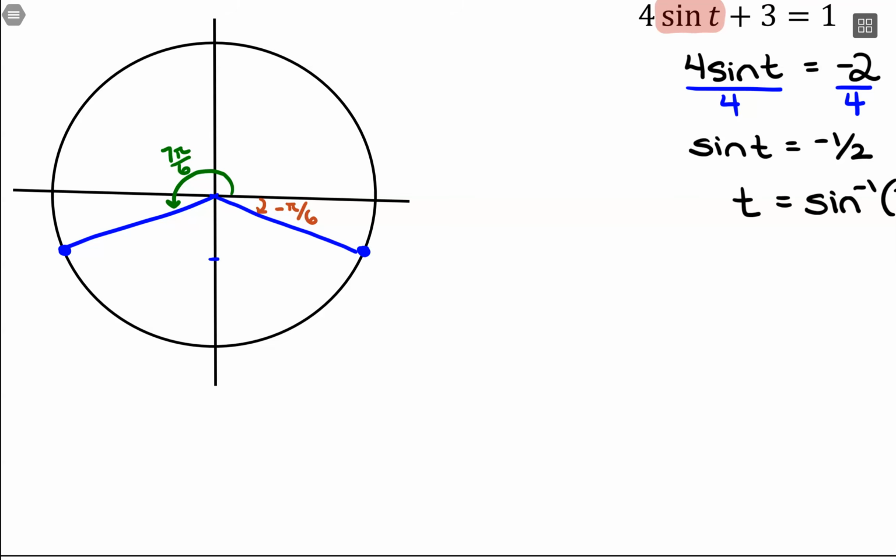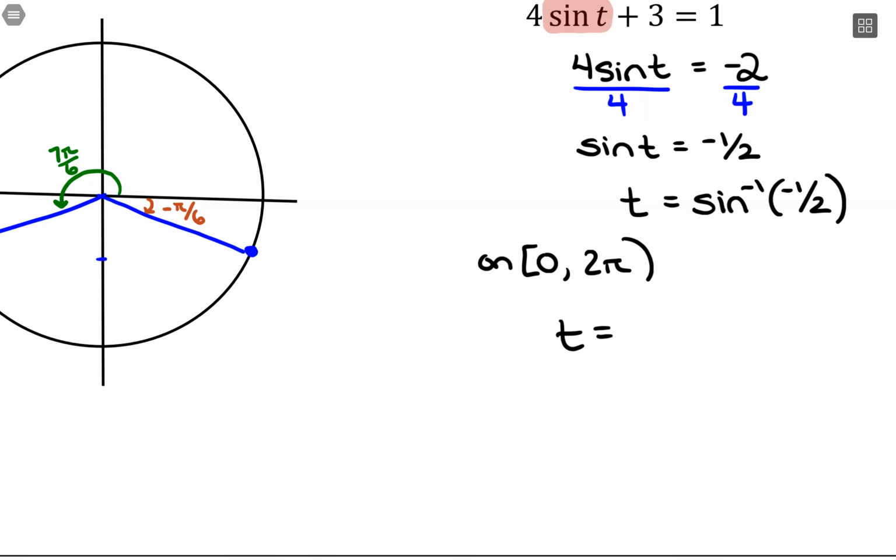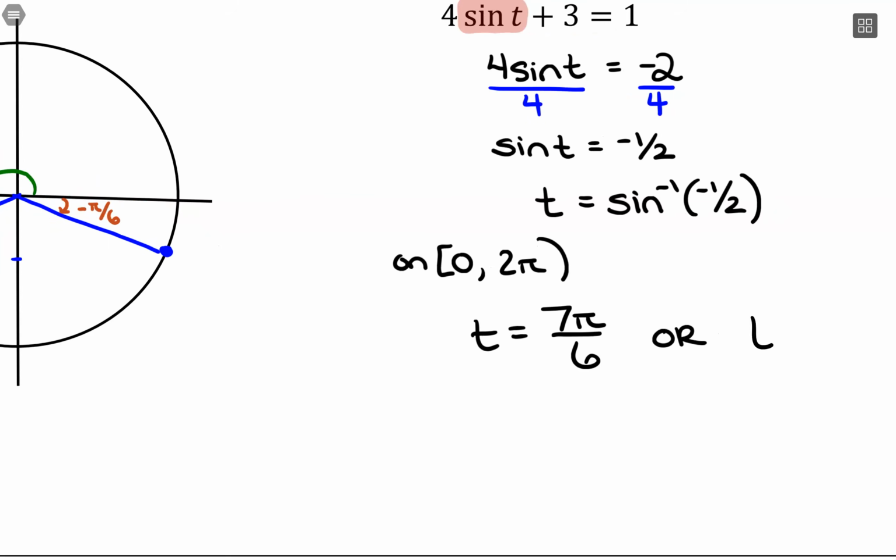So in terms of on 0 to 2 pi, the possible solutions would be, so that negative pi over 6, I'm going to need to think of the coterminal angle. So I'll have that 7 pi over 6, or t can equal, that would be the 11 pi over 6.